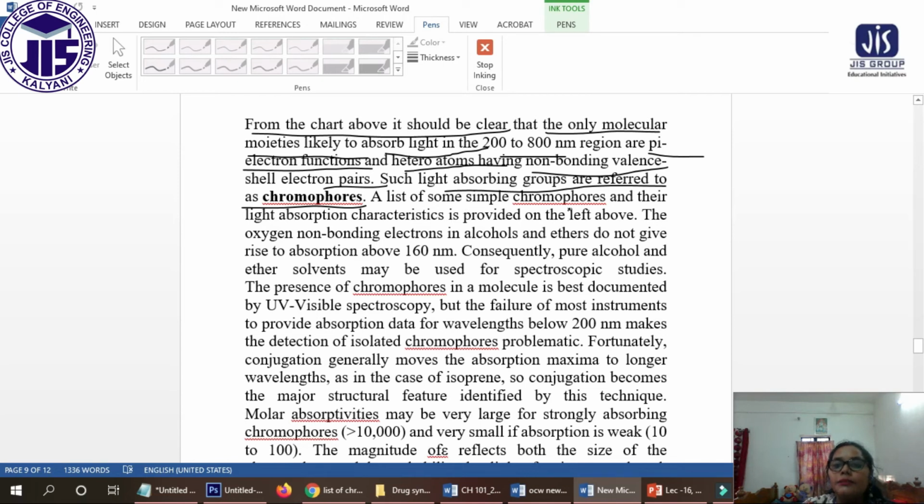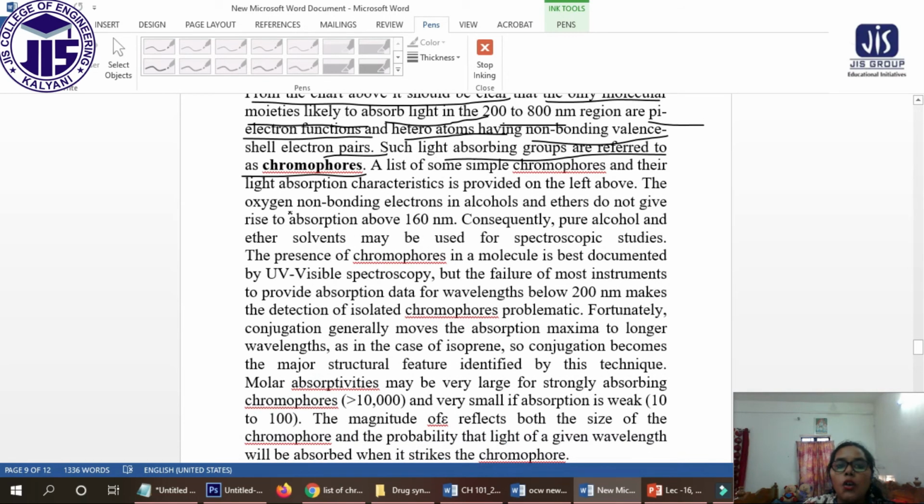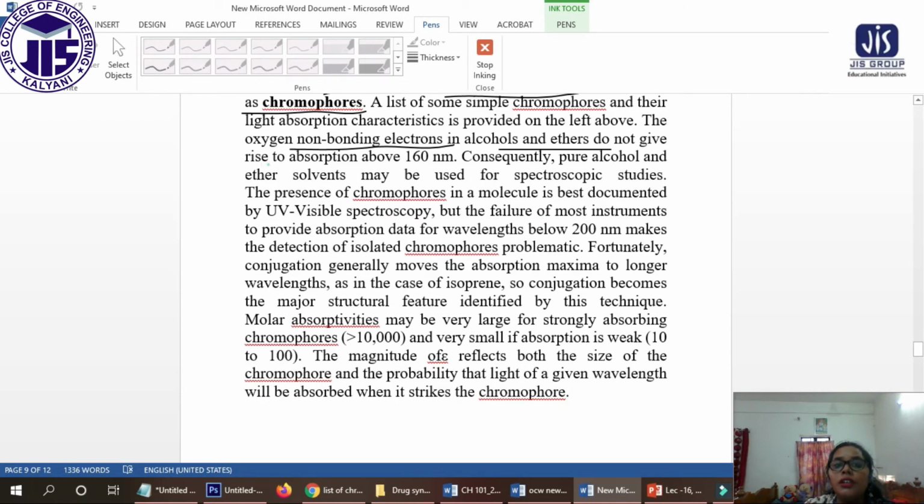A list of some simple chromophores and their light absorption characteristics is provided. The oxygen non-bonding electrons in alcohols and ethers do not give rise to absorption above 160 nanometers. Consequently, pure alcohol and ether solvents may be used for spectroscopic studies.